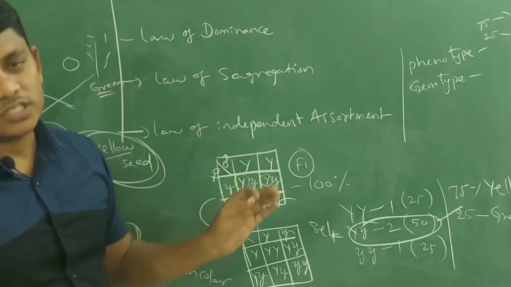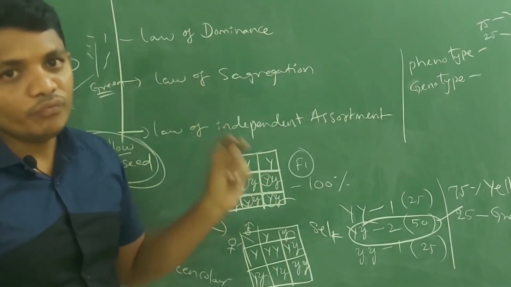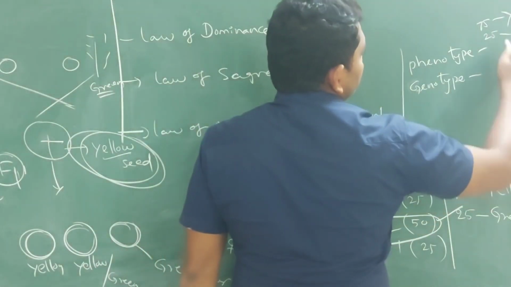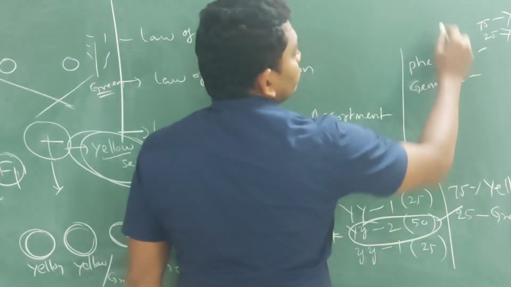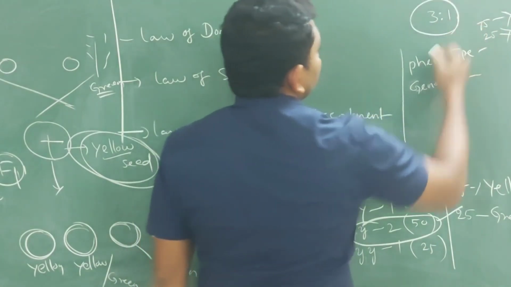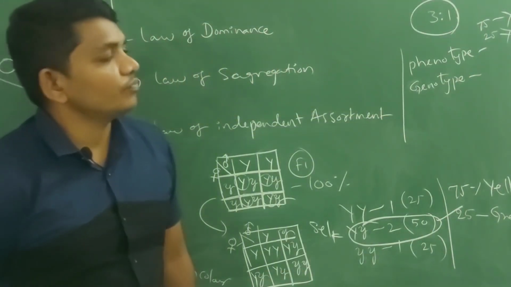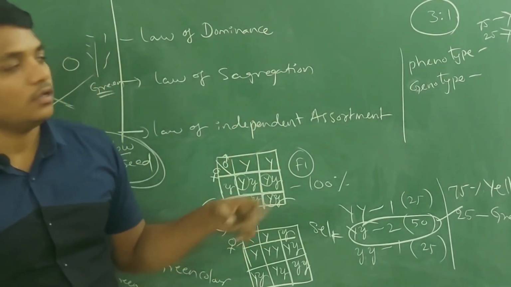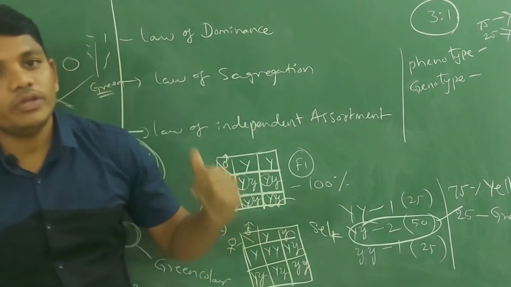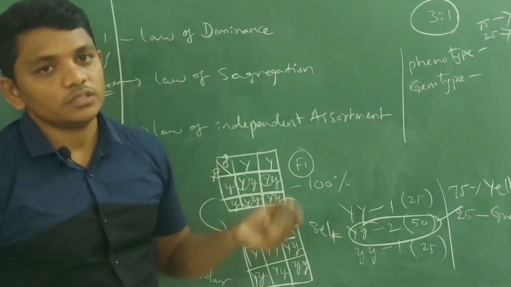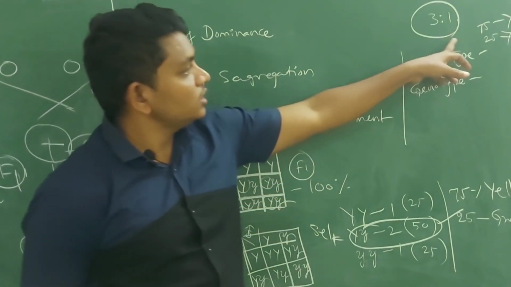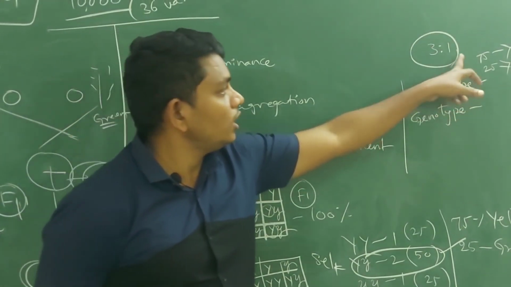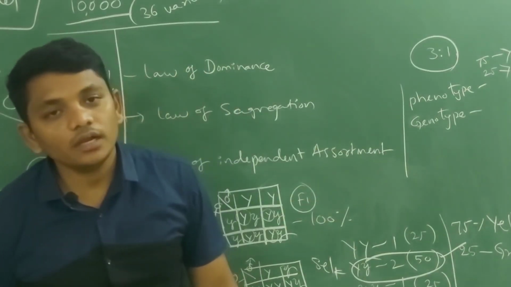So in the F2 generation, what is the phenotype ratio? 75% and 25%, which can be represented as 3:1. 3:1 is the phenotype ratio in the F2 generation. Is it clear? 75% of seeds are yellow in color, only 25% are green in color.